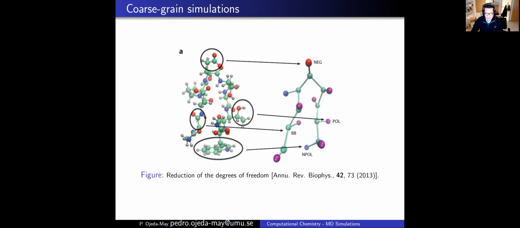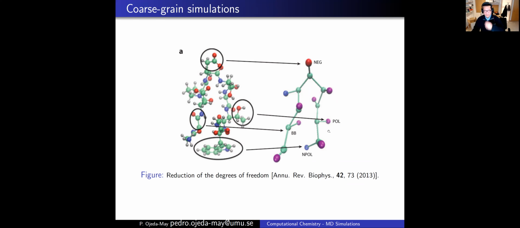In the Martini force field, what people do is reduce the number of atoms into a single bead with different properties. So as you can see here, the total number of particles decreases completely, right? And this makes the simulation faster, and that's why you can do a longer simulation with the Martini force field.